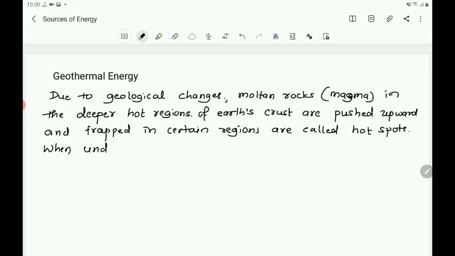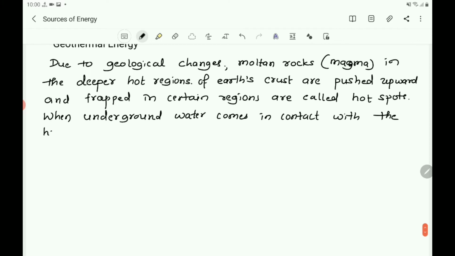When underground water comes in contact with the hot spot, steam is generated.